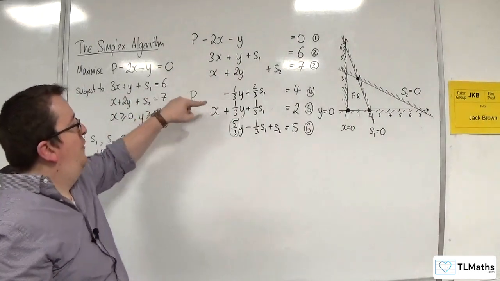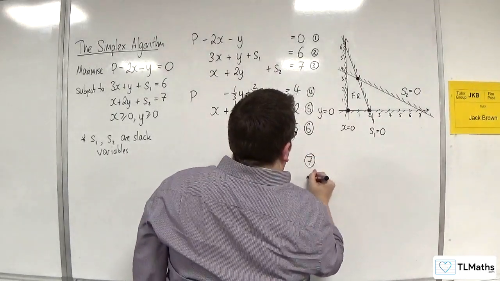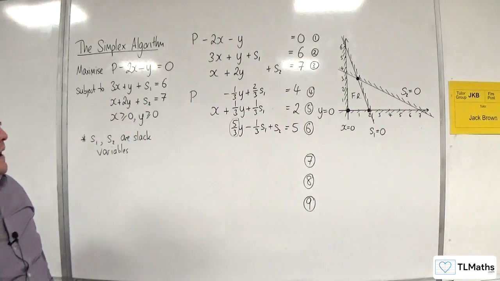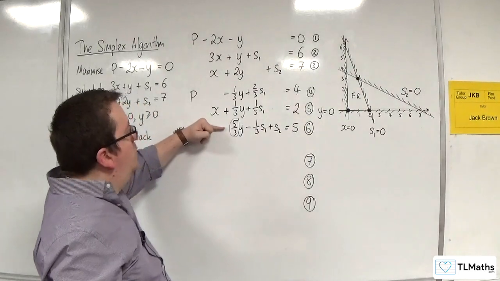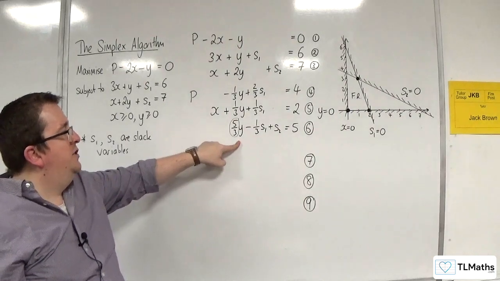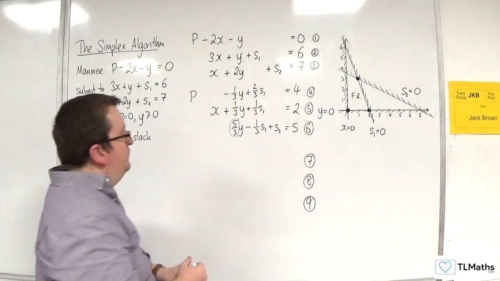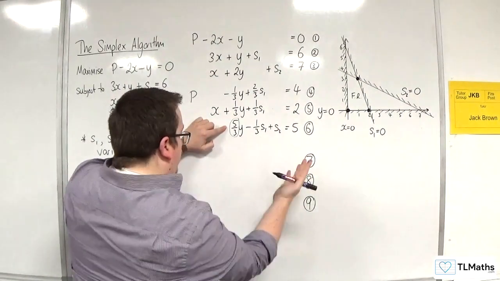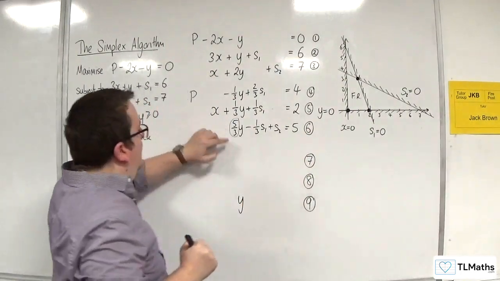So equations 4, 5 and 6 are now going to become equations 7, 8 and 9. I'm going to start off by looking at equation 6, and I want to get this as one lot of y. So I'm going to divide equation 6 through by 5/3. So 5/3 y divided by 5/3 is just going to be y, and I want it to line up still.